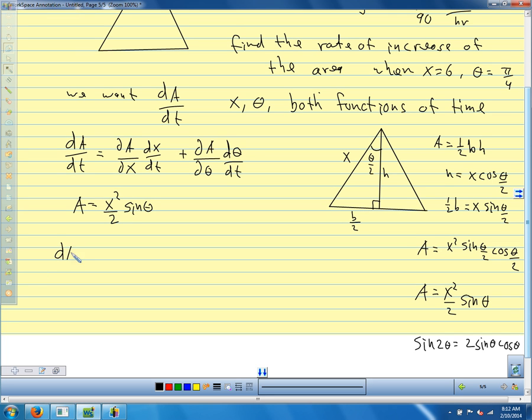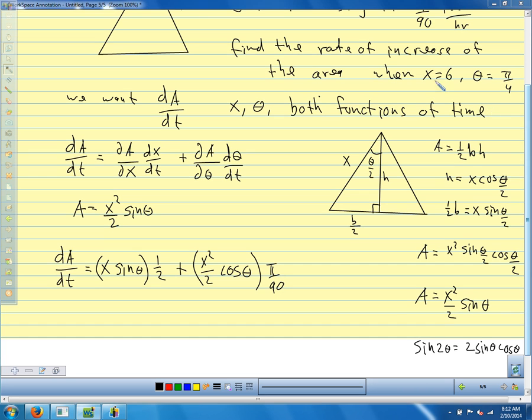So, the rate of change of our area with respect to time: the partial of our area with respect to x is x sine theta times dx/dt, which is 1/2, plus the partial of our area with respect to theta, so we get x squared over 2 cosine theta times d theta/dt, pi over 90.